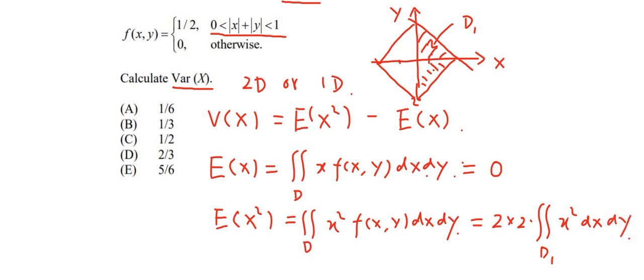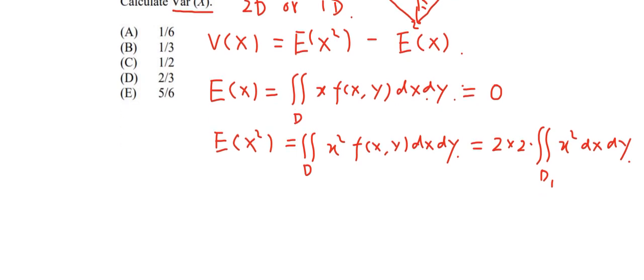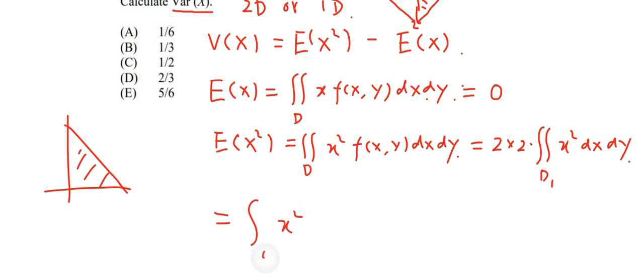So now this integration is easy, right? So x squared dx dy in D1. This is D1, right? So x squared for x from 0 to 1.